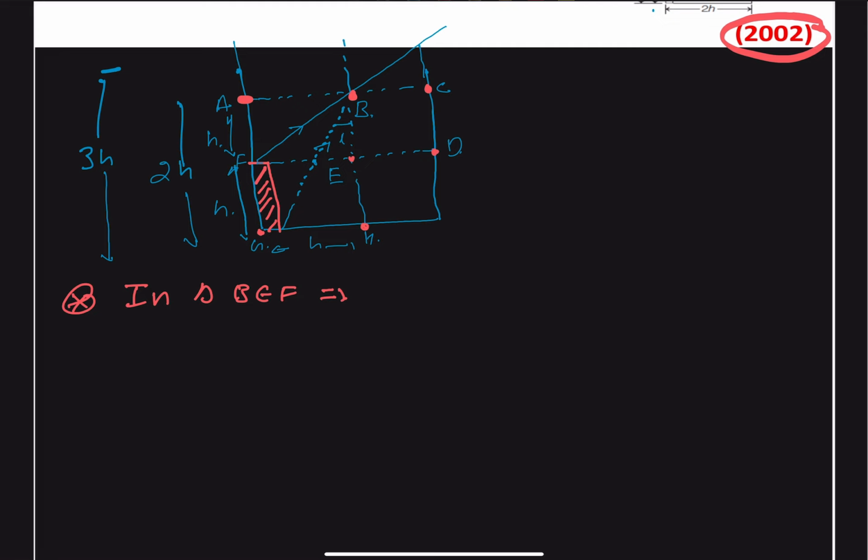We can say that our FE is equal to BE and this H is equal to H. So the triangle BEF is our isosceles triangle.